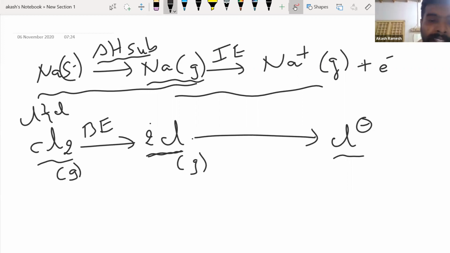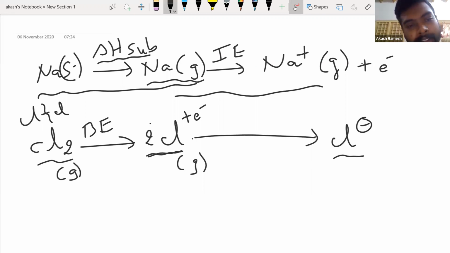Now tell me, Cl is going to form Cl minus. What do you think is the enthalpy associated here? Ionization, sir. If it's ionization, I remove an electron. For adding an electron, chlorine is going to get 1 electron added, and then it is going to form Cl minus.